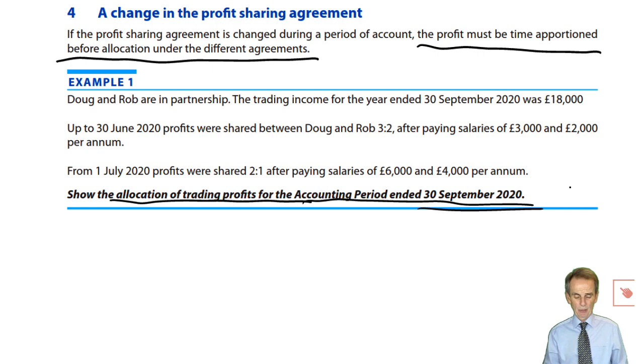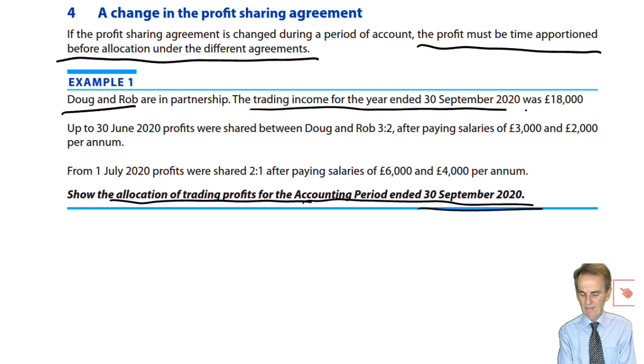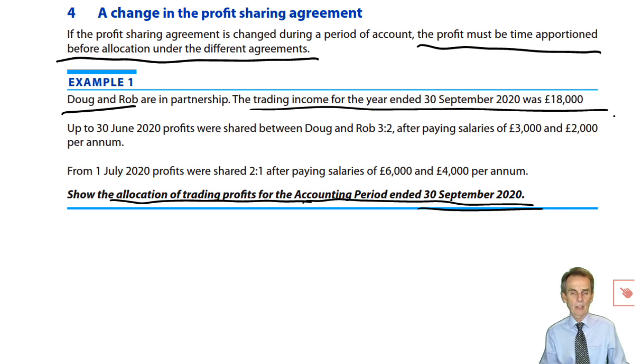What are we told happens? Our two partners, Doug and Rob, have trading income for the year ended 30th September 2020, as adjusted for taxation, of £18,000.